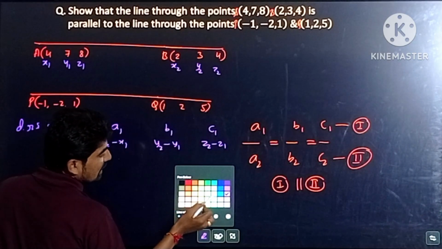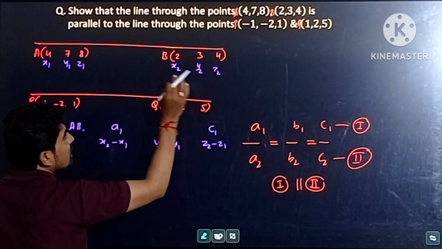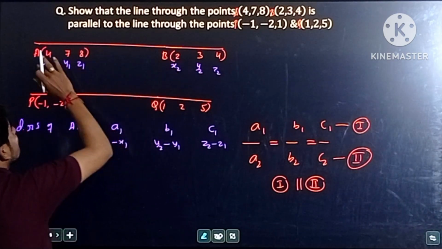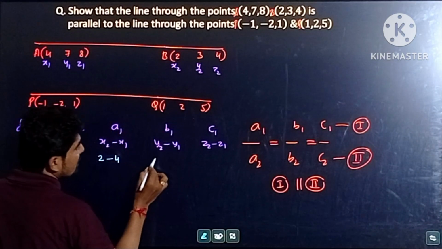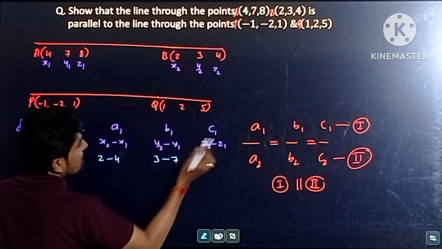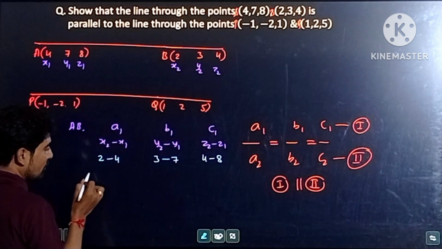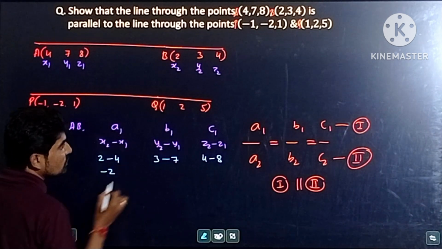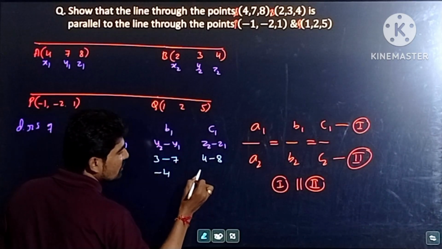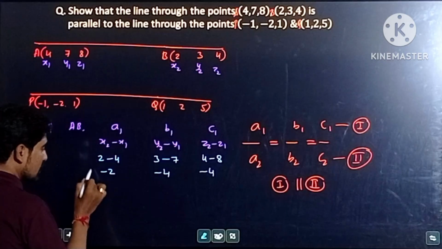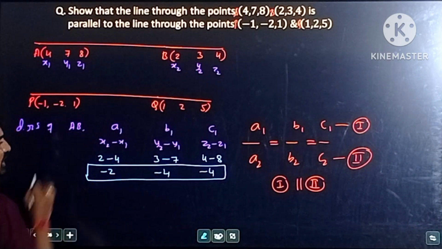Here A is (4, 7, 8) and B is (2, 3, 4). Therefore, a1 is 2 minus 4, which is minus 2. b1 is 3 minus 7, which is minus 4. c1 is 4 minus 8, which is minus 4. So these are the direction ratios of the first line, AB.